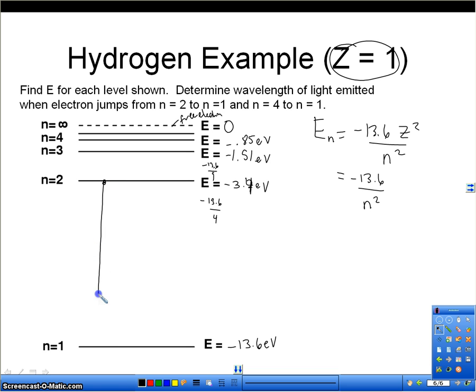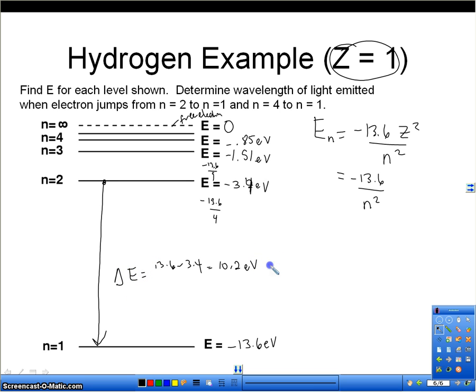So n equals 2 to n equals 1 is an energy difference of 13.6 minus 3.4. So if I calculate what that is, 13.6 minus 3.4 is 10.2 electron volts. So that's the energy difference for that particular jump.